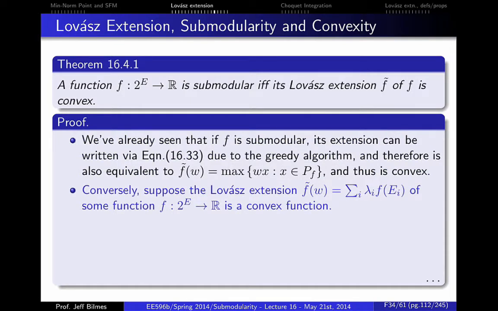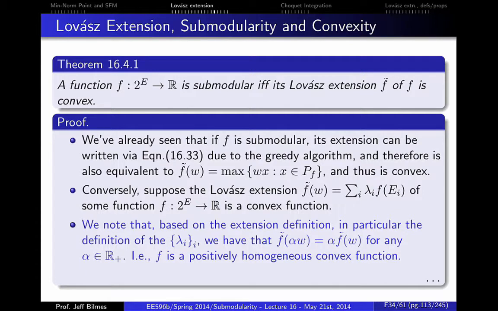So when the function is submodular, the corresponding sum in this form is convex. What we want to show is the converse: if we define a function in this way, and it happens to be convex, where again the lambdas are defined in that particular procedure, then the corresponding f function has to be submodular.